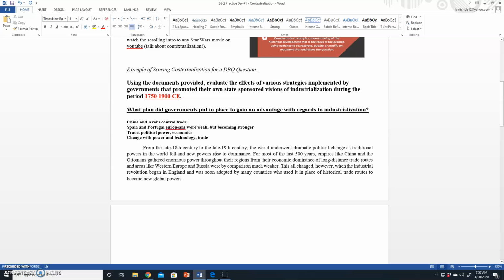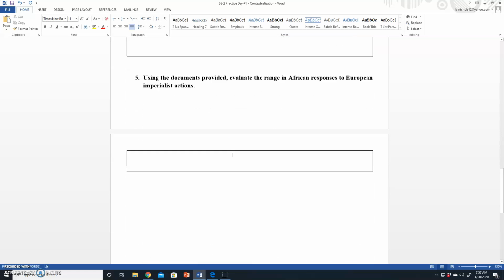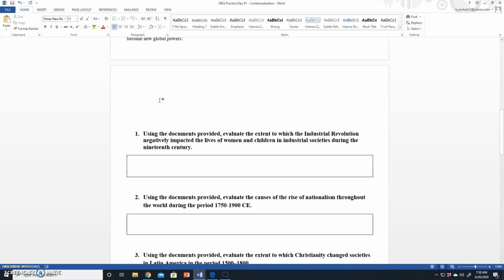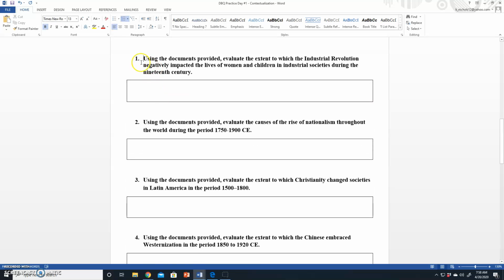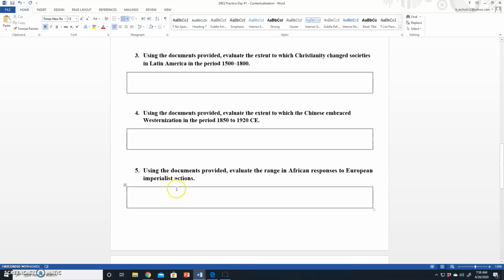All right. Your assignment for today is I've got down 5 different options for you guys, and I'll try to make it towards just one page. But write a contextualization for 2 of these. You don't have to do one for all 5 of these. Just look down through here and be like, ooh, I like this one.